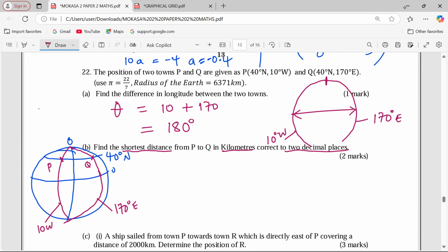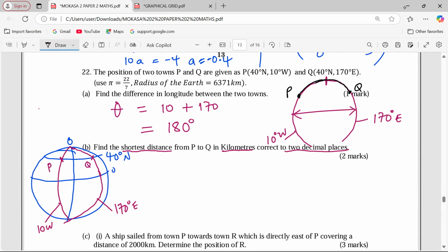So it is such that when you move from place P going to place Q, then you access the place through the North Pole, and you continue moving along the same line, you automatically assume the supplementary longitude.